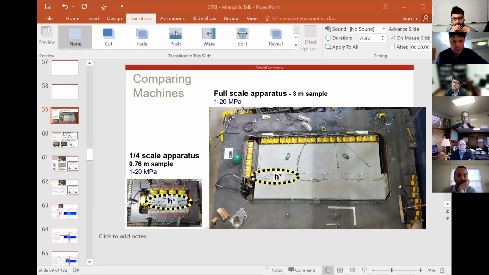So what we do instead is we try not to break the rock, but when we first increase that normal stress, we get a frustrated Poisson expansion effect. So basically the rocks want to push out laterally.